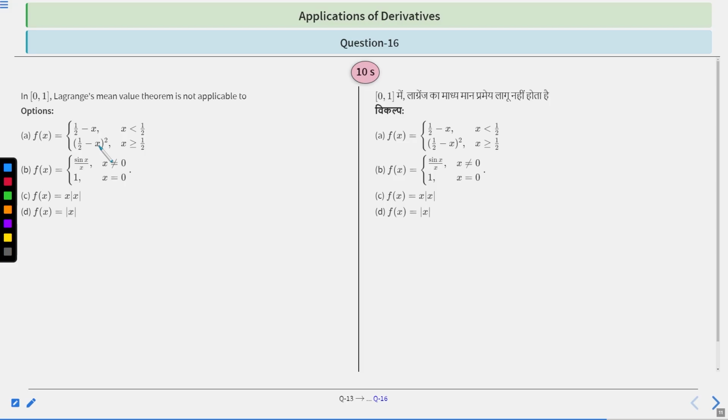The mean value theorem has the first two conditions, and then there must be at least one c where f'(c) = (f(b) - f(a))/(b - a). This is basically Lagrange's mean value theorem. Now we have to check in which function it is not applicable, by seeing whether these two conditions are satisfied or not. This was the hint of this question. Now you have 10 seconds to solve this question. After 10 seconds, we will discuss the solution.